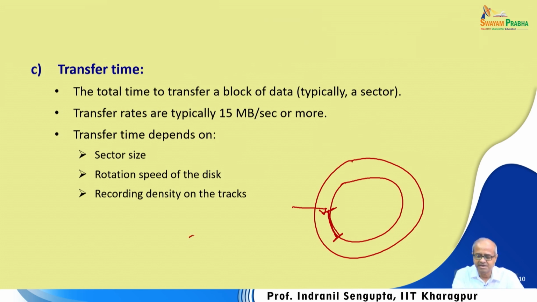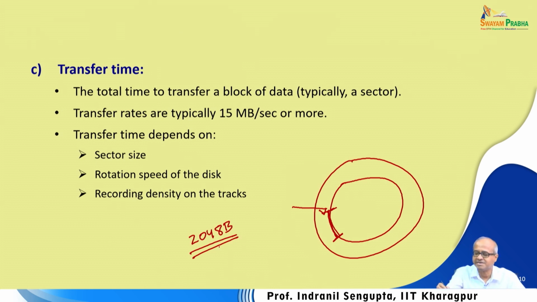Let us say your sector size is 2048 bytes. So, how much time is required to actually read those 2048 bytes? That is the actual transfer time. After the seek time and rotational delay, the actual data transfer will start. So, that is basically the time taken to transfer one unit of data.